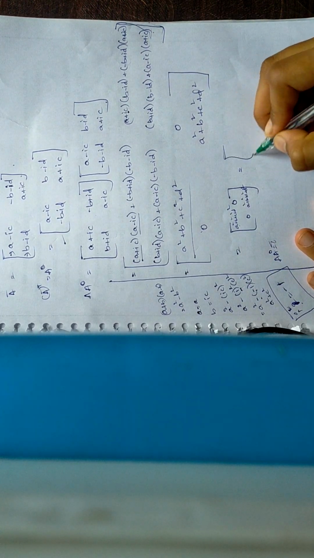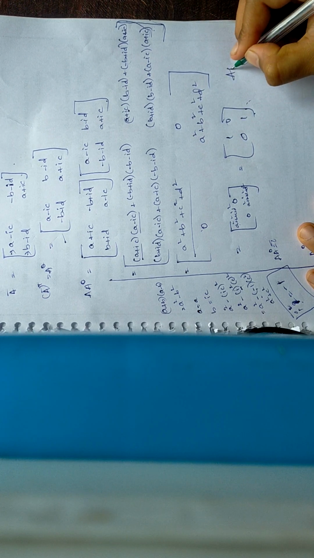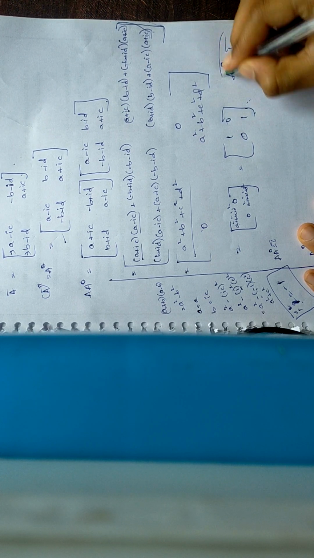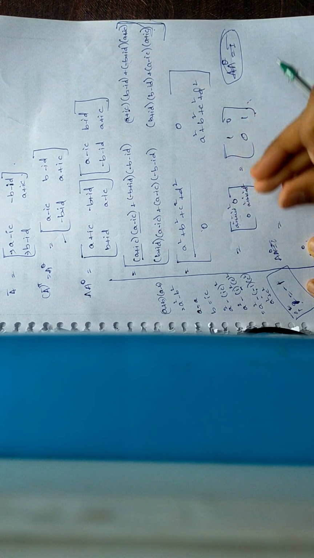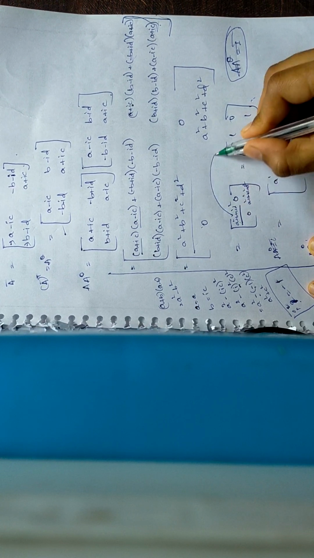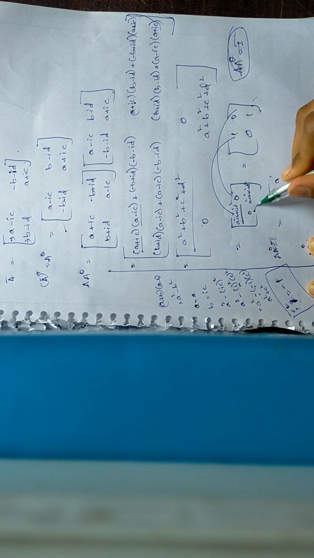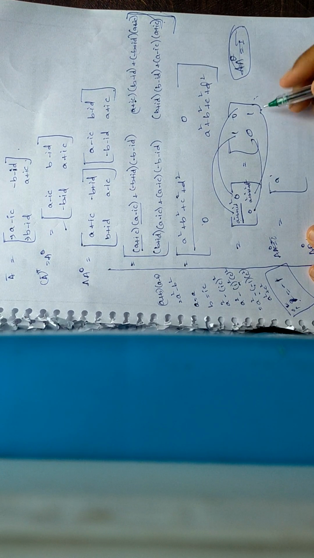So I'll equate it to I, which is 1 0 0 1, because the unitary condition is A into A power theta equal to I. Now if you compare the elements, a square plus b square plus c square plus d square is equal to 1, 0 is 0, again 0 is 0, and a square plus b square plus c square plus d square equal to 1 again.